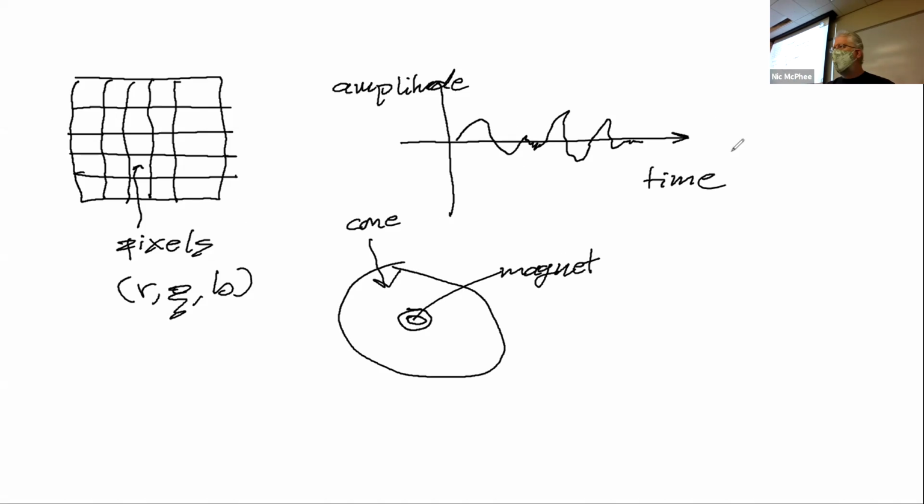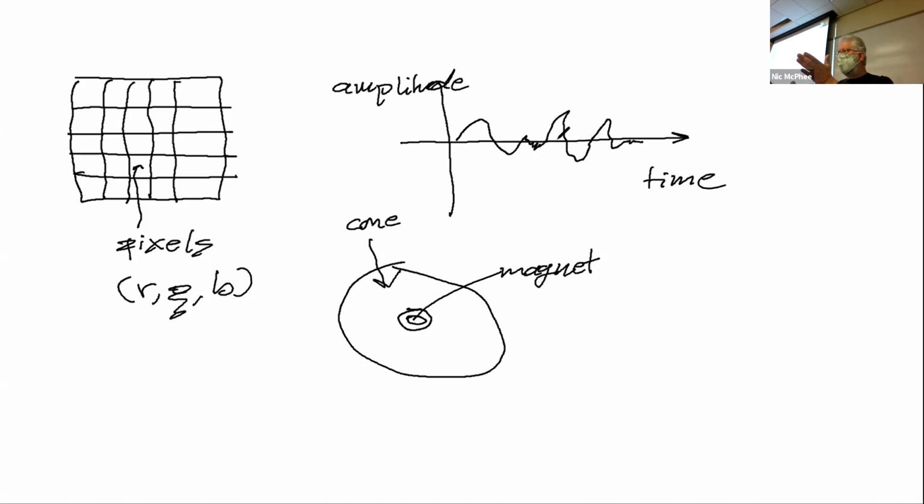And this graph is essentially the movement of the magnet back and forth. So when the graph is at the 0 point, the magnet is sitting at rest in the place it would be if there was no power. And when the amplitude goes up, the magnet might go one direction, and when the amplitude goes down, it goes the other direction. It doesn't really matter which direction. But the magnet literally moves back and forth.